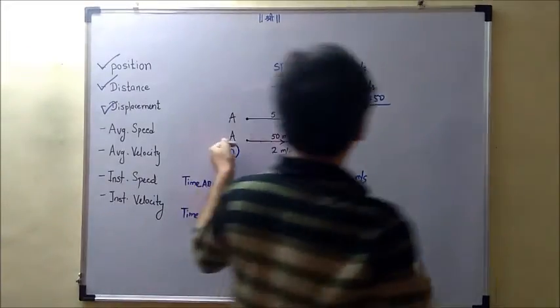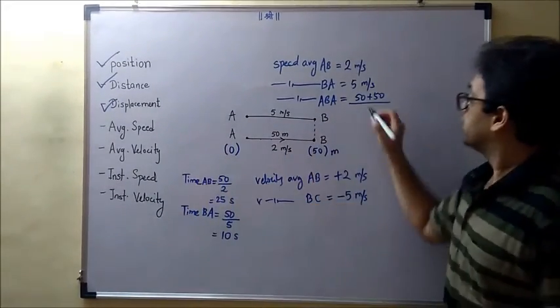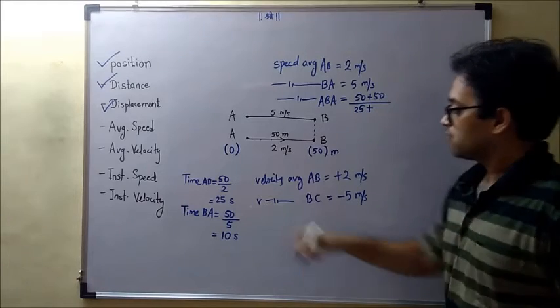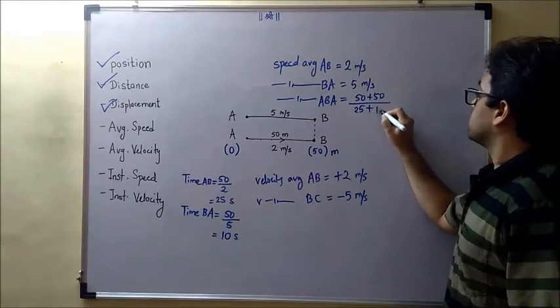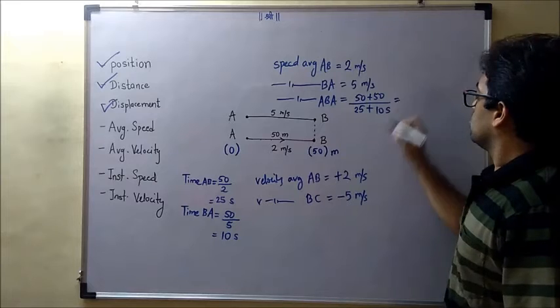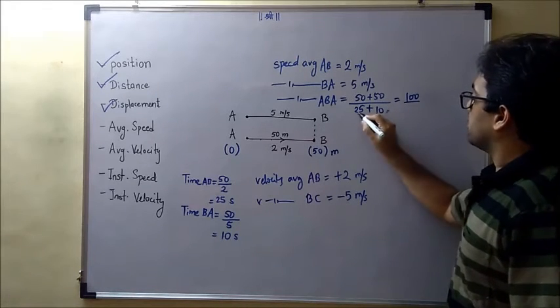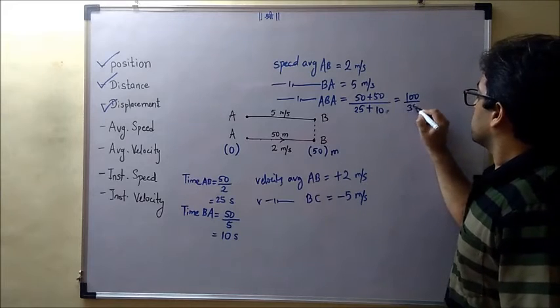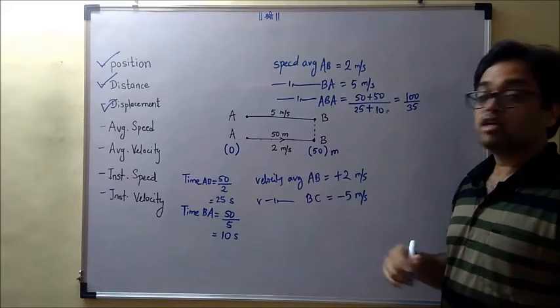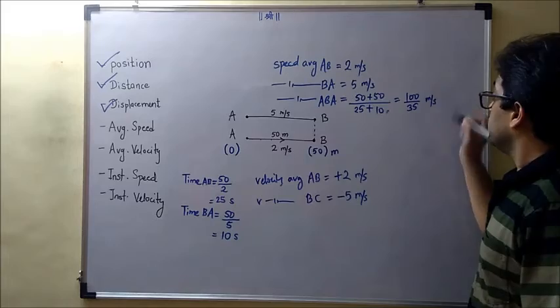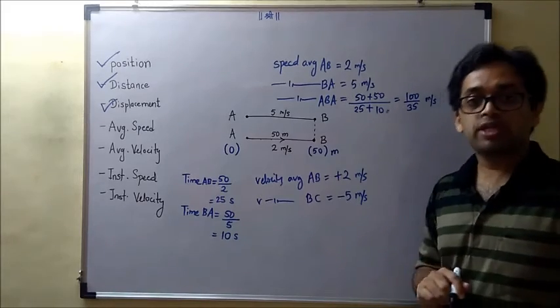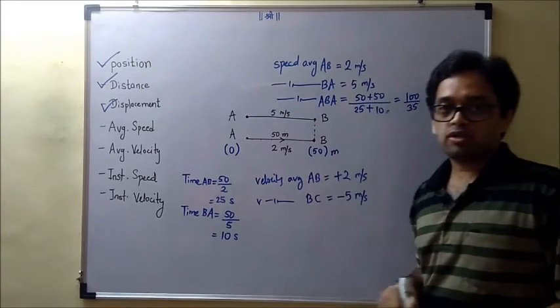So 25 seconds plus 10 seconds. So how much will it be? 50 plus 50, 100 divided by 25 plus 10, that is 35. 100 divided by 35 meters per second is your average speed for ABA motion.